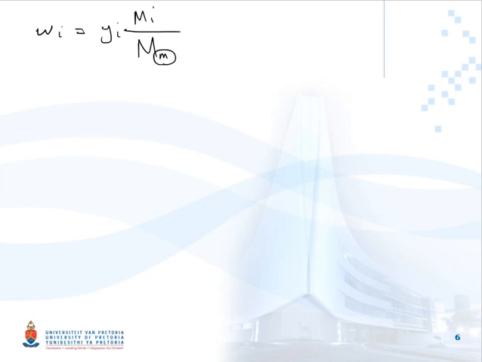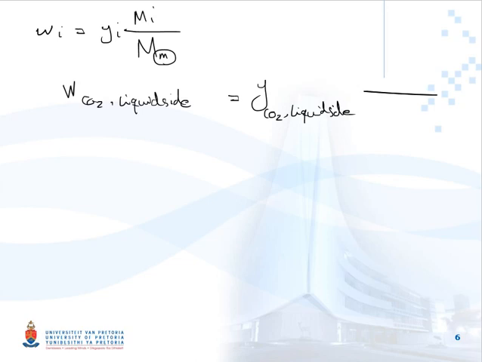Here is the mixture. So the carbon dioxide mass fraction on the liquid side is equal to the mole fraction of carbon dioxide on the liquid side times the carbon dioxide molar weight divided by the mixture molar weight.